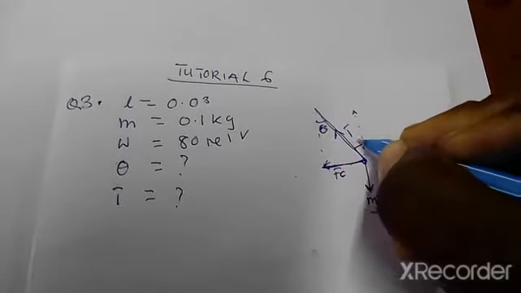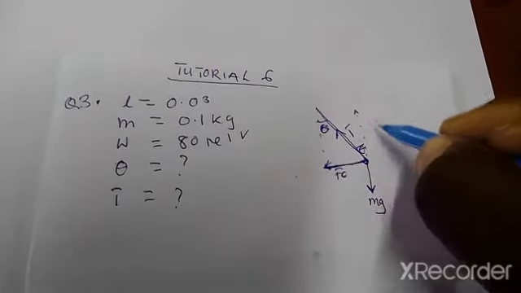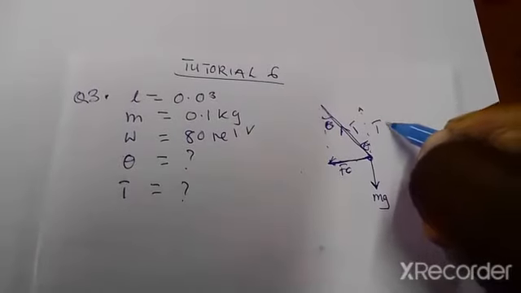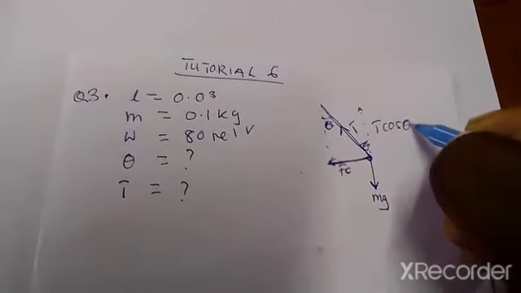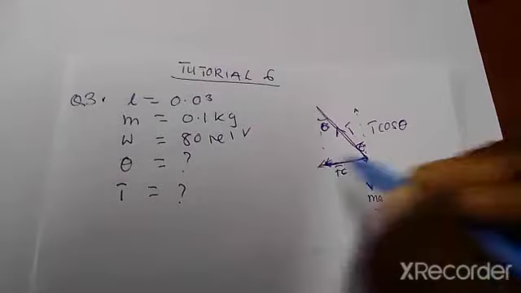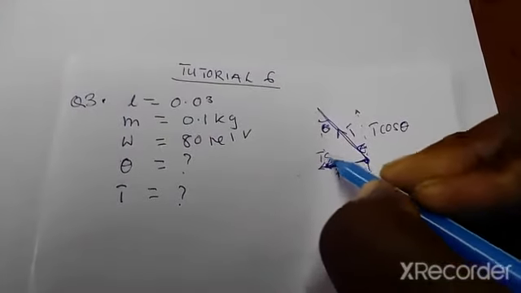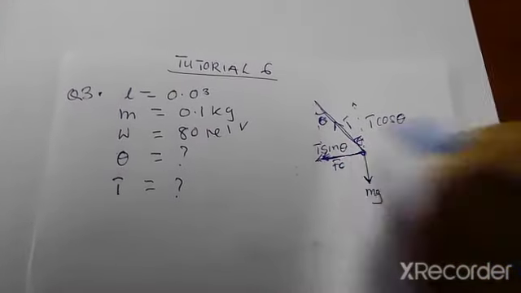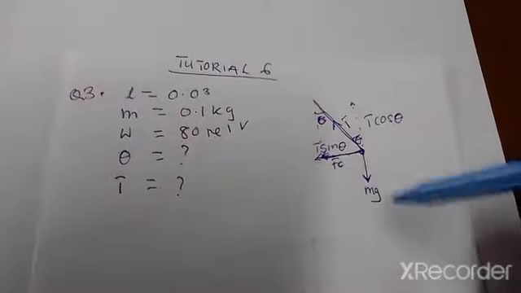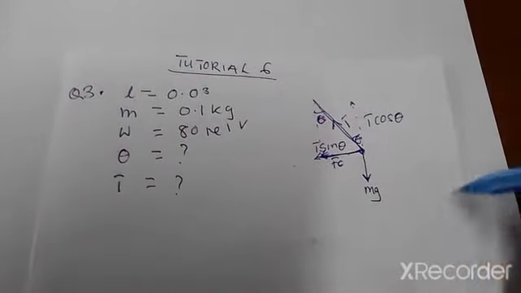If this is theta, then this is also theta. So the vertical component is T cos theta, and the horizontal component is T sine theta. So that's what we have, these forces acting on the body.